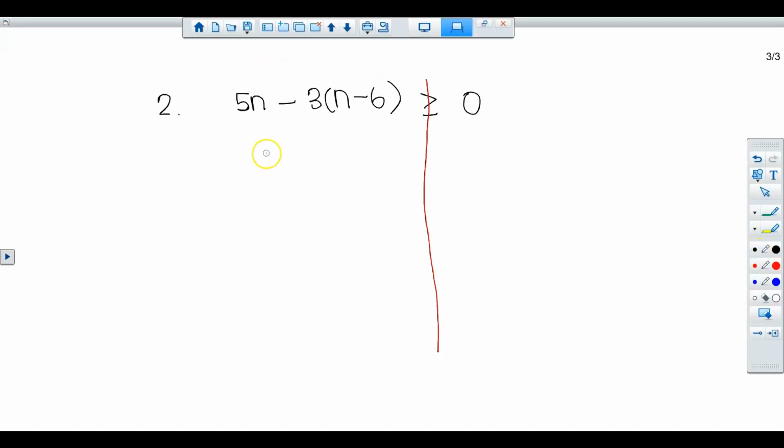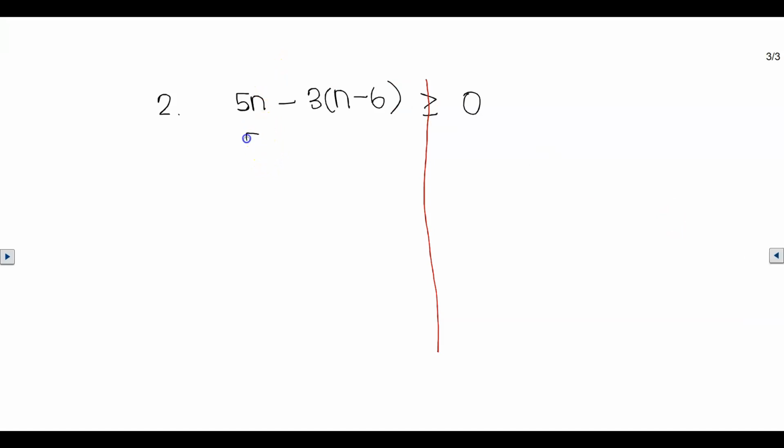Do I need to distribute? The answer is yes. So my 5n will move down, and then I will distribute negative 3 times n, which is negative 3n, and negative 3 times negative 6, which is positive 18, and that is greater than or equal to 0.